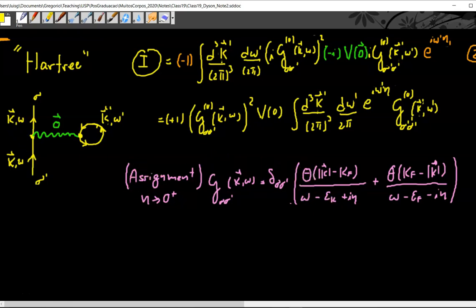So this is 0 temperature, okay? It's going to be a theta function of the absolute value of the momentum minus kf, right? So kf is the Fermi momentum, divided by omega minus epsilon k.